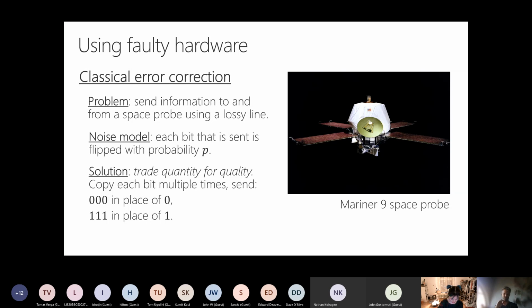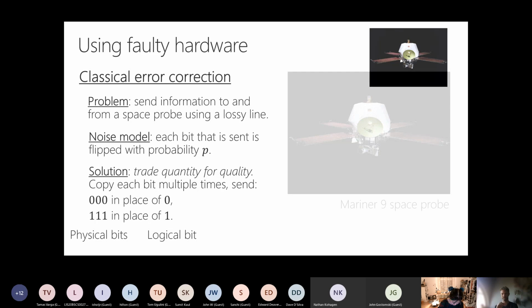So for example, instead of sending 0, send 0, 0, 0, and instead of sending 1, send 1, 1, 1. We can call the bits that we send physical bits, and the bits that we actually want to convey in the message logical bits. And this will have a parallel with the quantum case later.